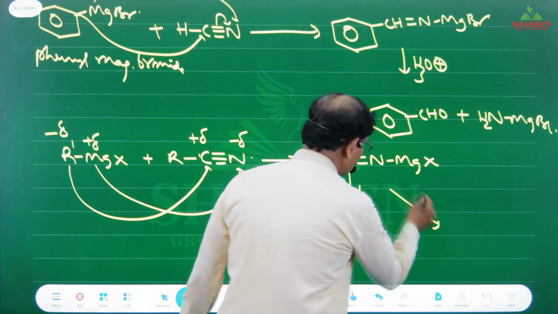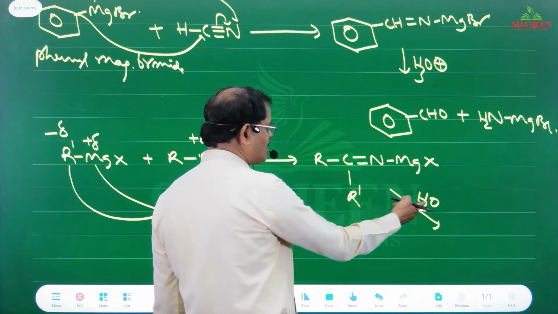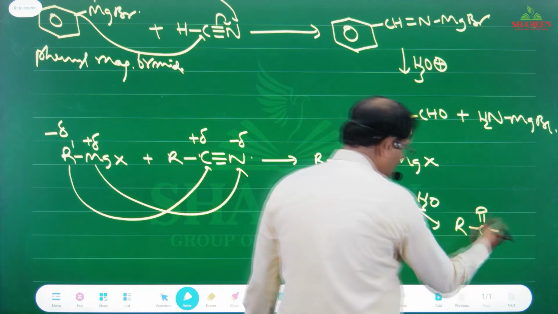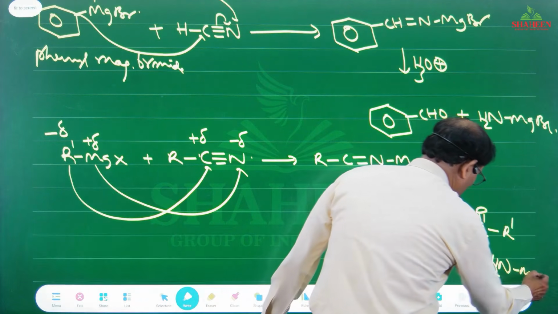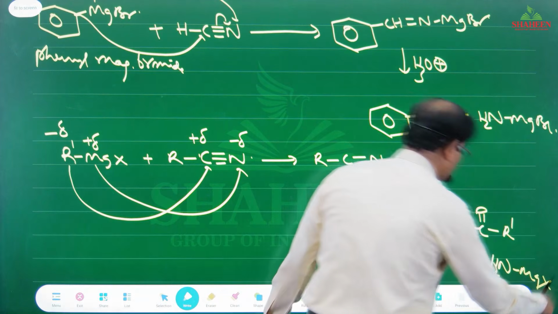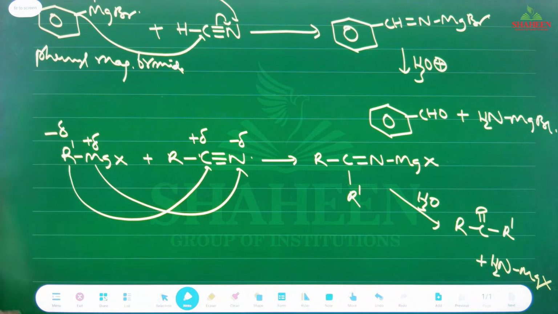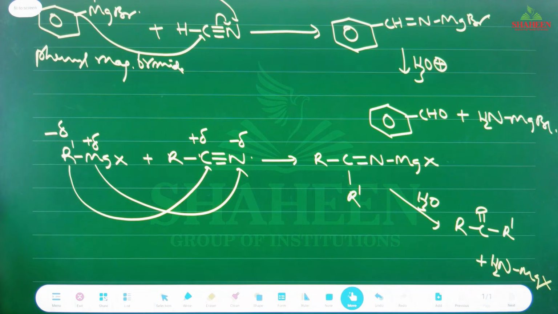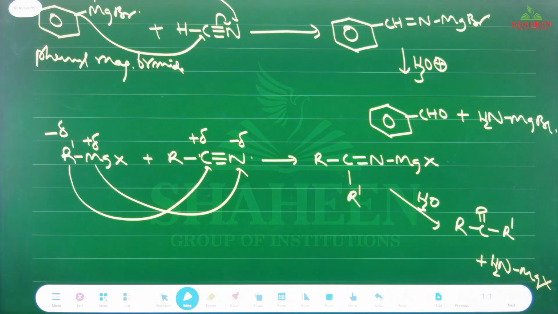On hydrolysis in the same manner, oxygen is bonded to carbon with a double bond, giving R C double bond O R dash plus NH2MgX. So it is possible to prepare ketones also. These are the common methods for preparation of aldehydes and ketones.